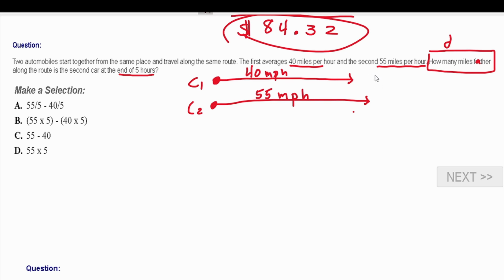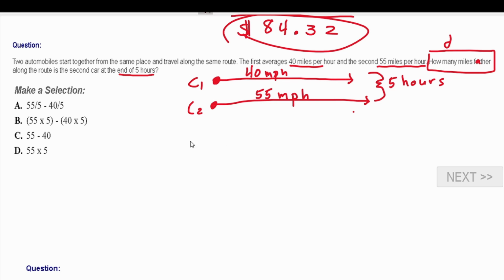And we're told that both of them travel along this route for 5 hours. So clearly, we have rate and time, so all that's left to find is distance. More specifically, we have to figure out how much further car 2 traveled than car 1.